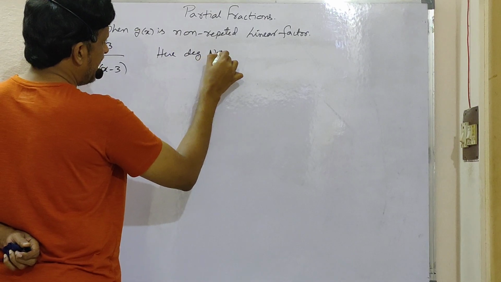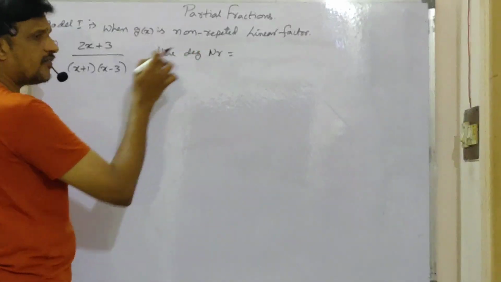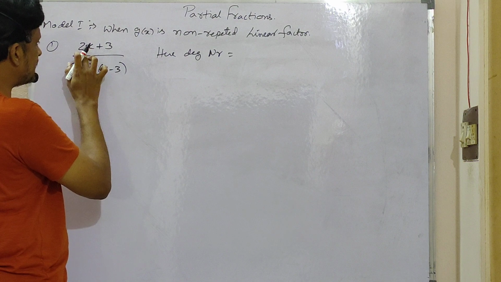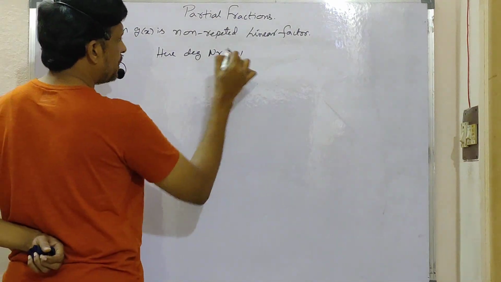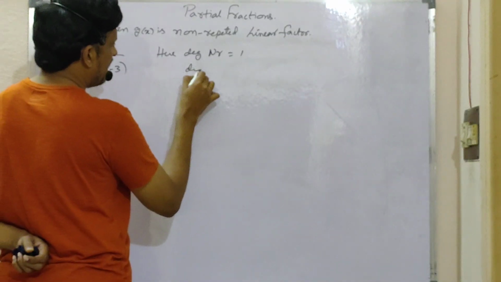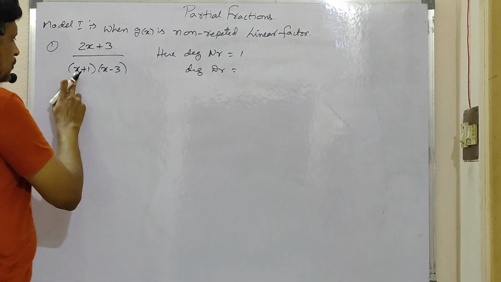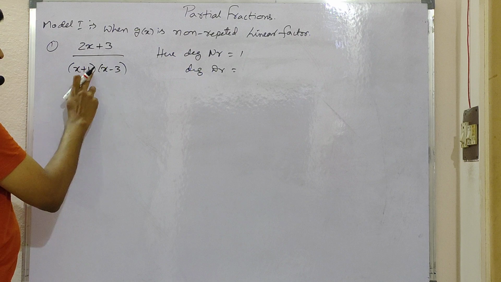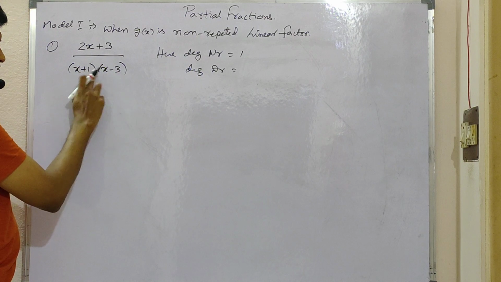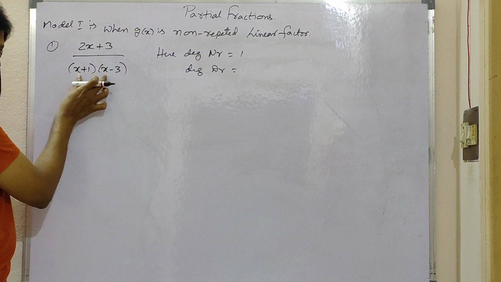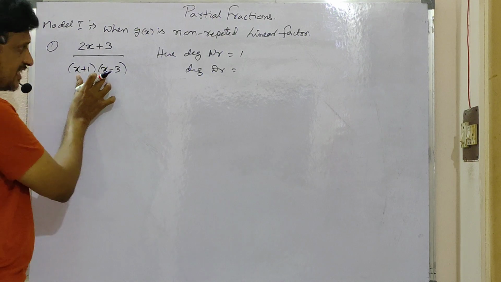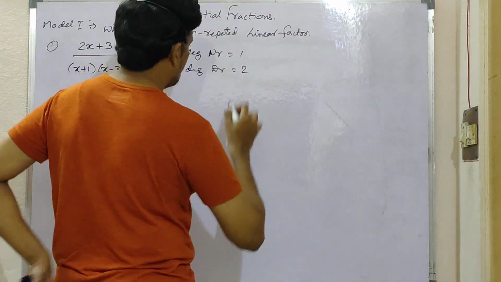The degree of the numerator is 1, because the highest power of x is 1. For the denominator, if you multiply these two, x square plus x minus 3x means minus 2x minus 3. So you are getting x square, the highest power of x is 2. That is called degree.